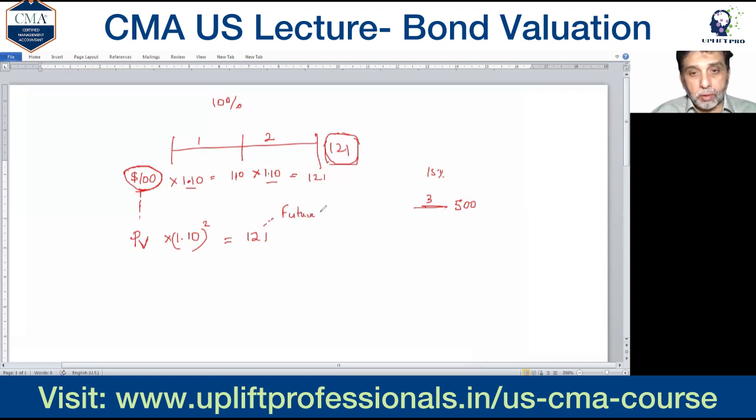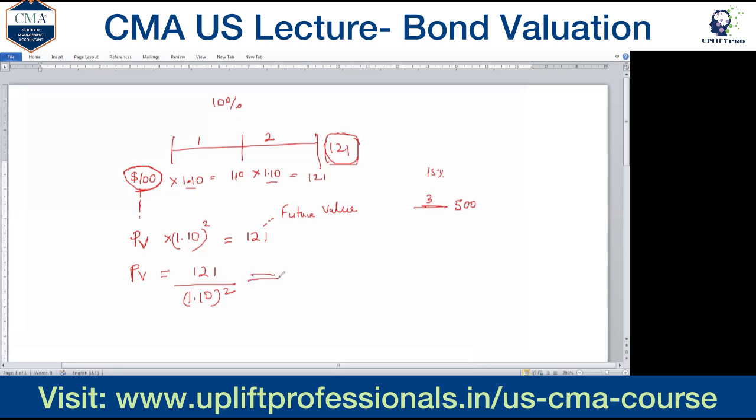I will not put a short form, so we will think of it as face value; it's future value. So if you notice, present value is equal to 121 divided by 1.10 the whole squared. Correct? Dividing by 1.10 on both sides, doing some mathematics there. Is it clear? Sir, the square is the number of years?